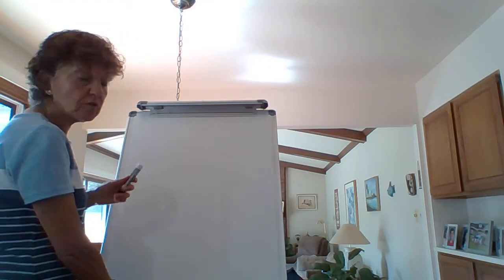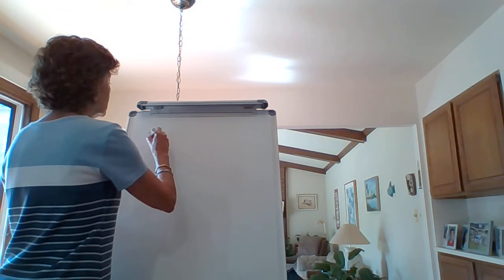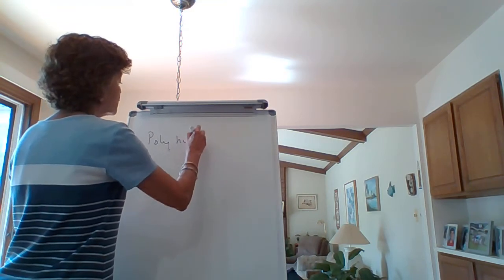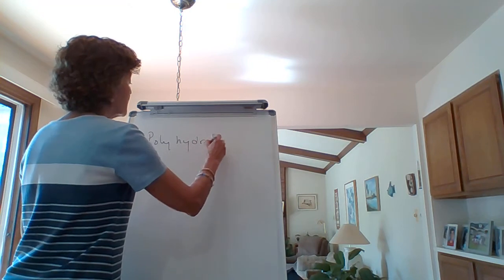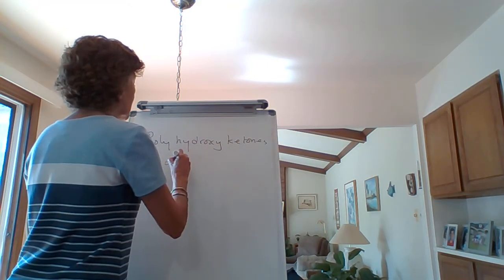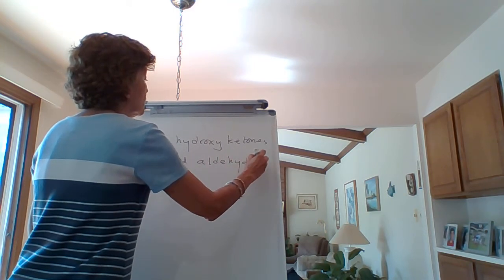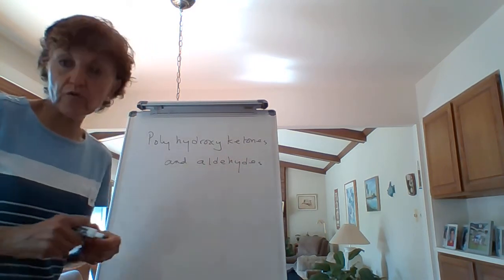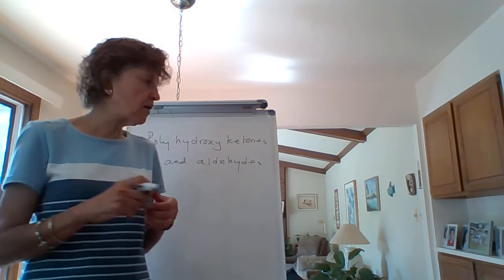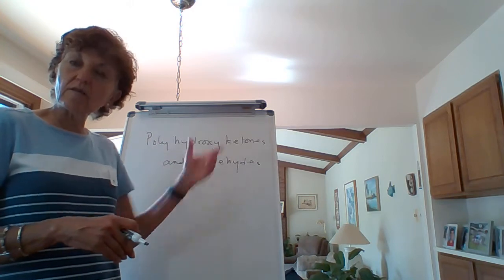Carbohydrates structurally are polyhydroxy ketones and aldehydes. So since you've had the intro organic or the beginning parts of organic, the basics, you understand this terminology.